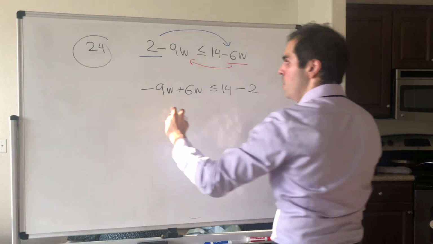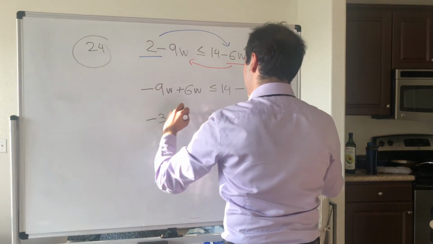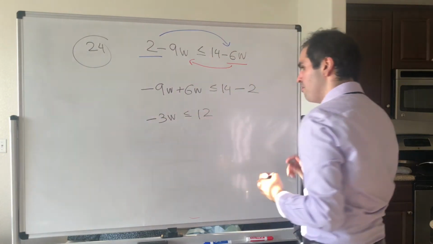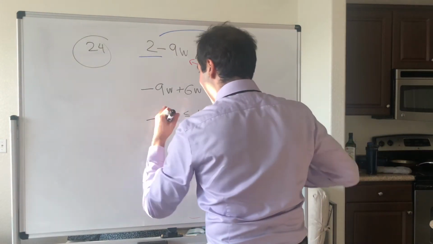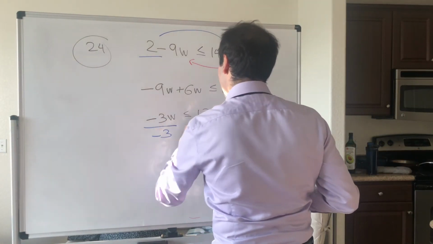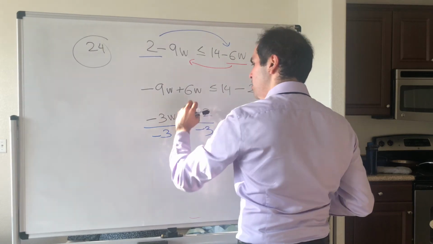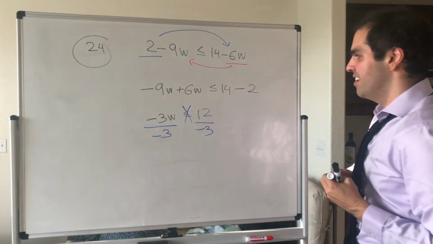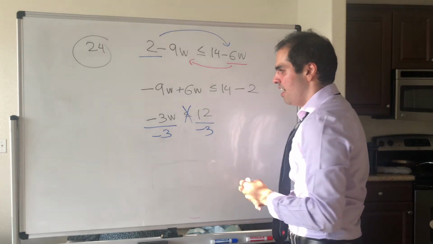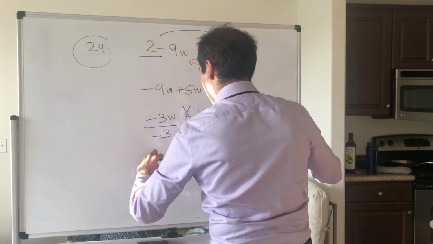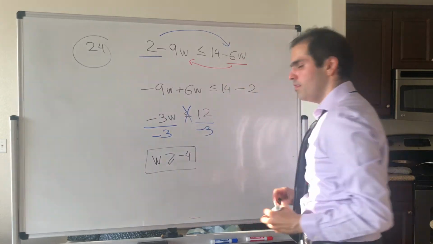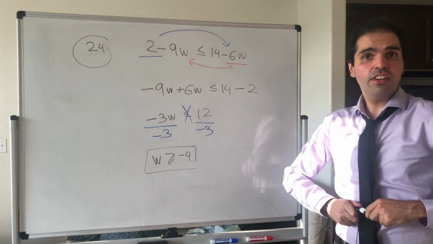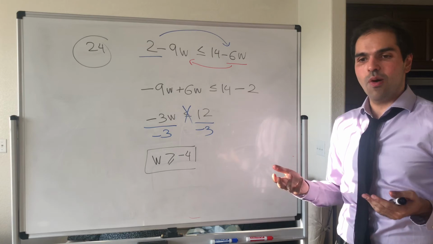And that gives you minus 3w is less than or equal to 12. And now you're dividing by minus 3. Because you're dividing by a negative number, you have to switch the sign. So you're left with w is greater than or equal to minus 4. All right, very good. So that was the last inequality question.